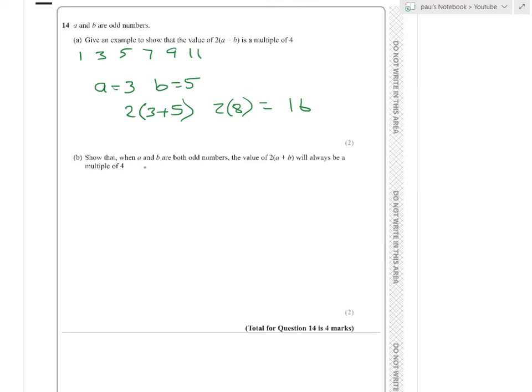Show that when A and B are both odd numbers, the value will always be a multiple of 4. Right, how do we show that?